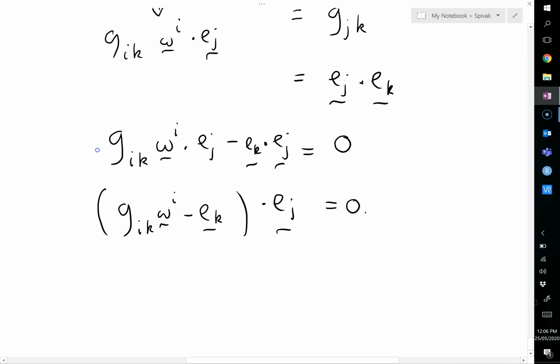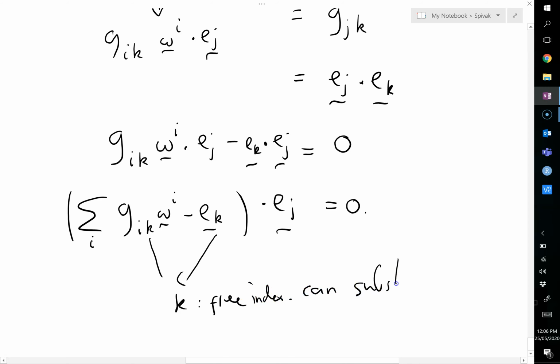Now there's quite a lot going on here. Remember it's summed over i. I may as well put the summation back in, sigma i. After a while you don't need to do that, you just see the summation floating there notationally, but I'm going to put it in anyway. This k here is what you call a free index, which means I can substitute what I like.